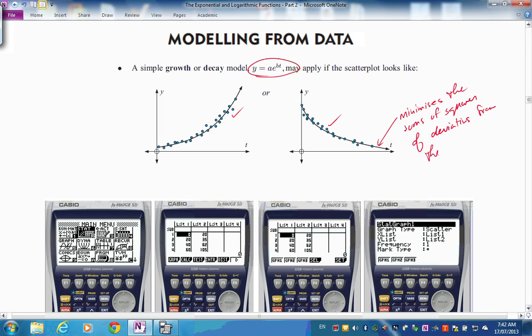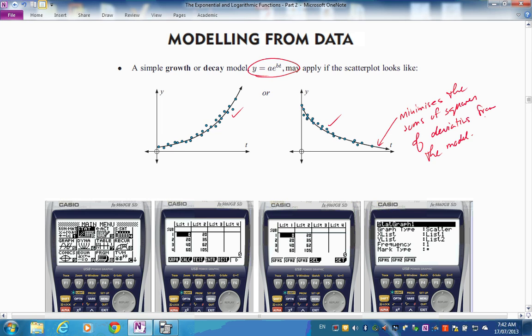It's the squares, of course, because you could have deviations that cancel each other out. One above the line and one below the line end up with a perfect fit with none of the points on the line, perhaps. So it's going to fit a model or a curve which minimises the sums of the squares of the deviations from the model. It's called least squares regression. Not part of this course.